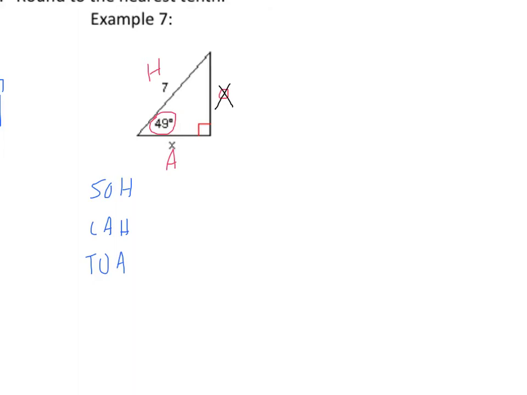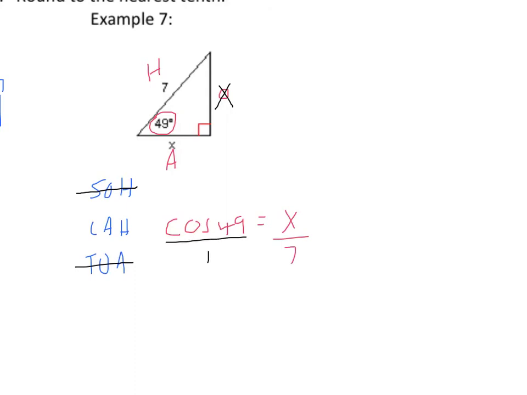So any trig function that uses opposite, so sine is opposite over hypotenuse, tangent is opposite over adjacent, will do us no good. That gives us the ability to focus on cosine. So we will say cosine of 49 is equal to adjacent, which is x, over hypotenuse, which is 7.